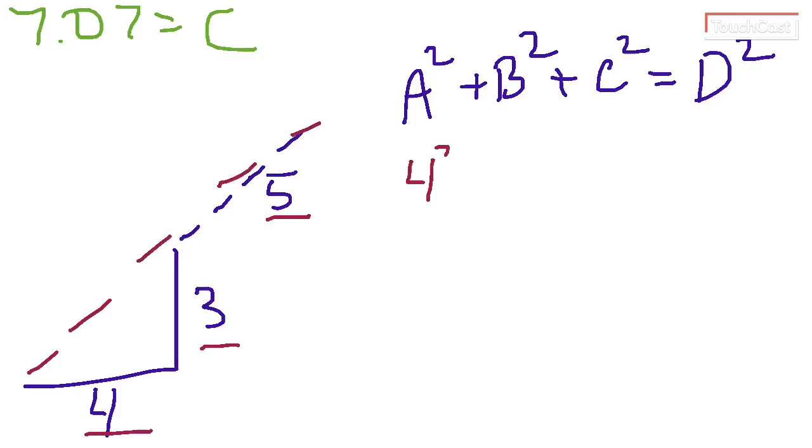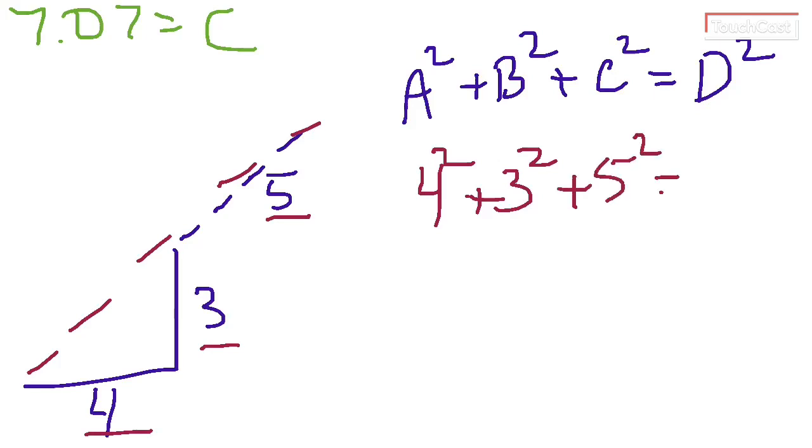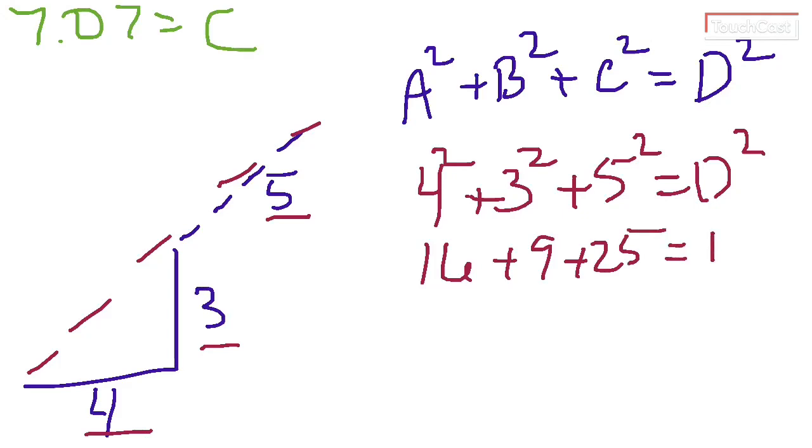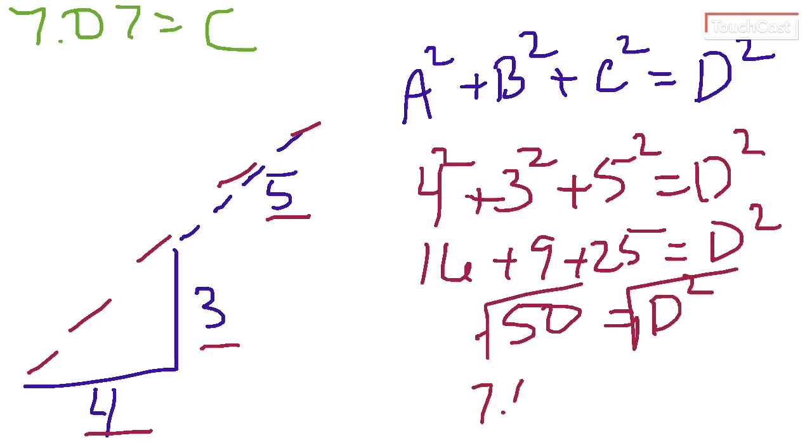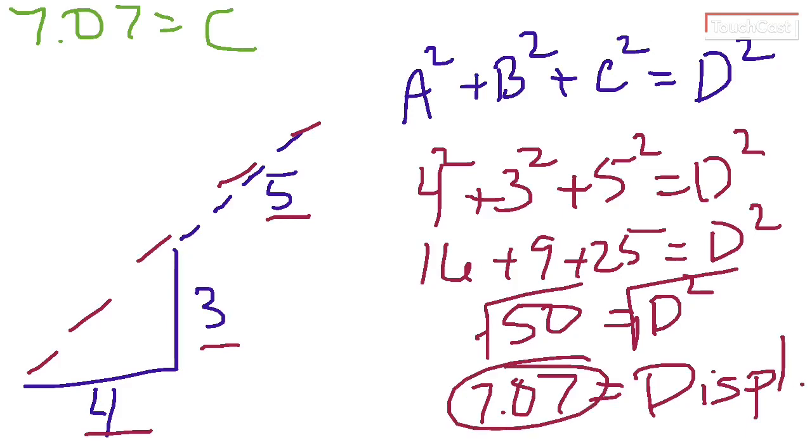So we have 4 squared plus 3 squared plus 5 squared equals d squared. That would be 16 plus 9 plus 25 equals d squared. So we get 50 equals d squared. Then we take the square root of both sides, and we get 7.07 equals our displacement.